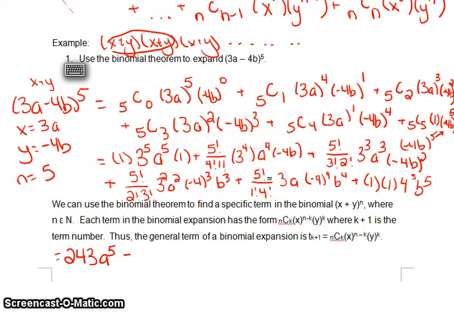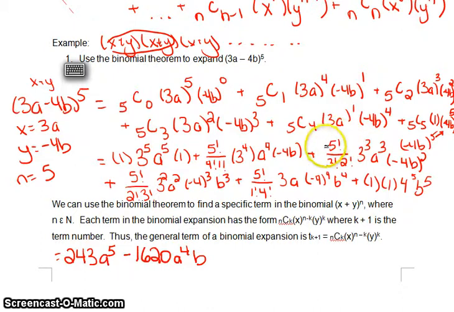You can do this in little steps, but I'm going to do it all in one, so I'll talk it through. So this is equal to 5 times 3 to the power of 4 times negative 4, which gives negative 1,620 a to the 4 times b.